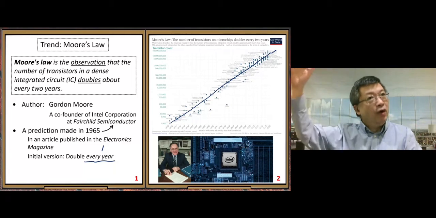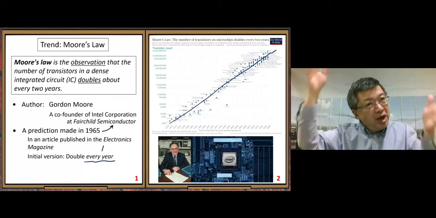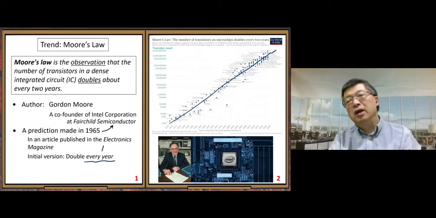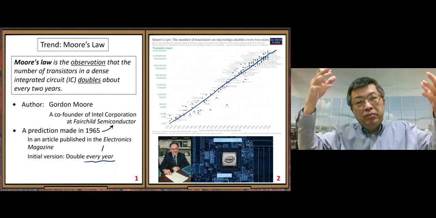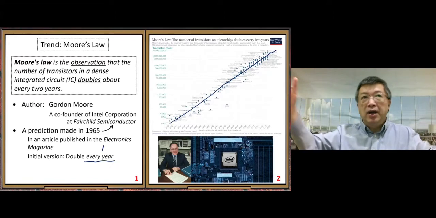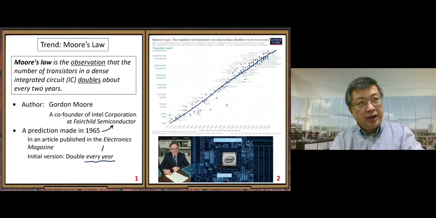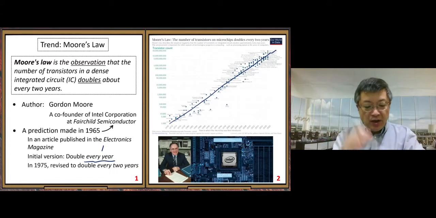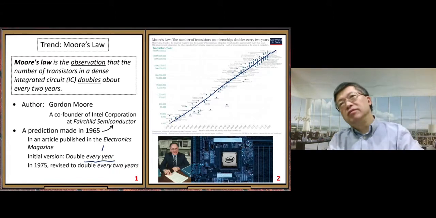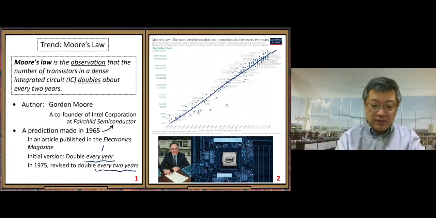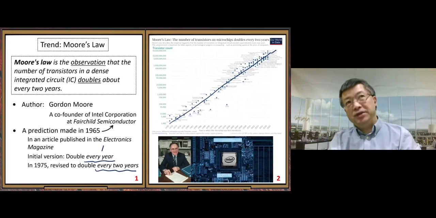For approximately a 10-year period, that pace could be maintained. But when the base number became bigger and bigger, that rate could not be maintained. So 10 years after his first prediction, he revised it: doubled every 2 years. That's the current version.